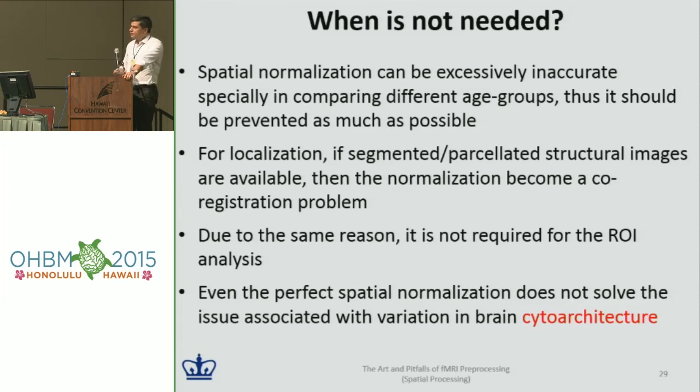And the last point I want to make here is that no matter how perfect your spatial normalization is, it's not going to account for the difference in the cytoarchitecture of the brain. This is something that if you're submitting a method for spatial normalization, you always hear from the reviewers that, oh, this technique is perfect, but it doesn't correct for cytoarchitecture. What does the cytoarchitecture of the brain mean?